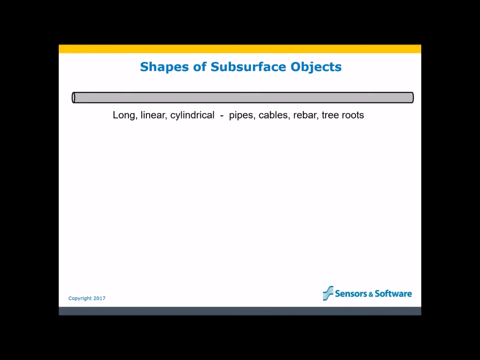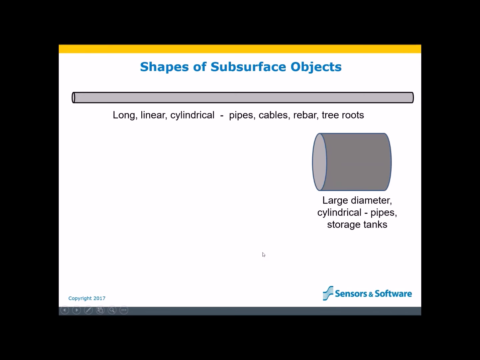Long, linear, cylindrical objects: pipes, cables, rebar, tree roots. Large diameter cylindrical objects: large diameter pipes, storage tanks. Tall cylindrical objects: metal or plastic drums.